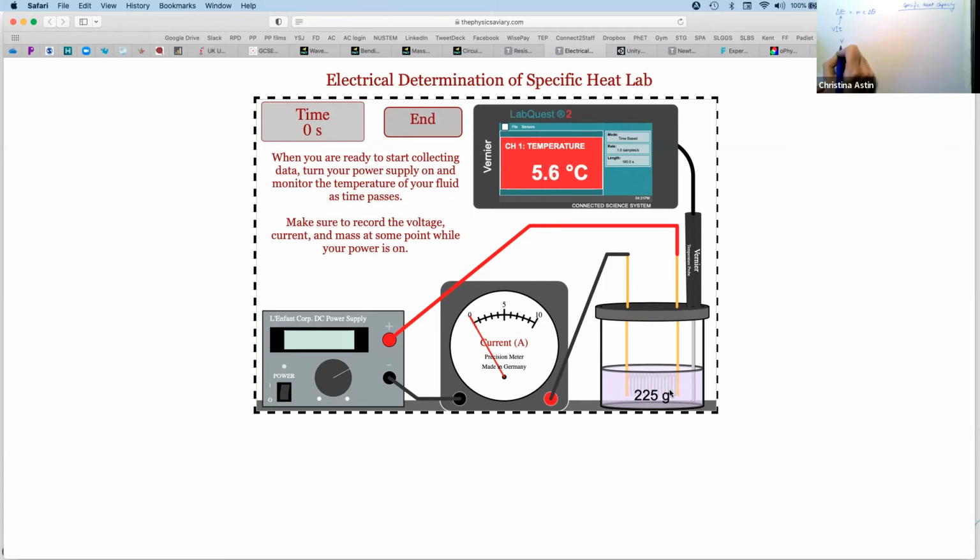So I would suggest that we write down all the data down the side here: voltage, current, time, mass, and delta theta, the change in temperature.